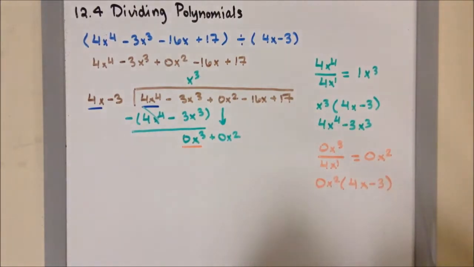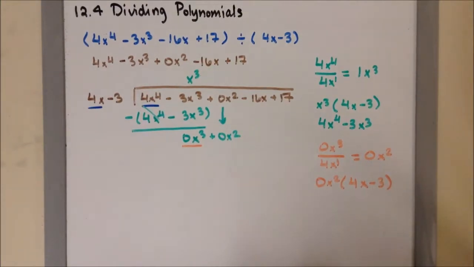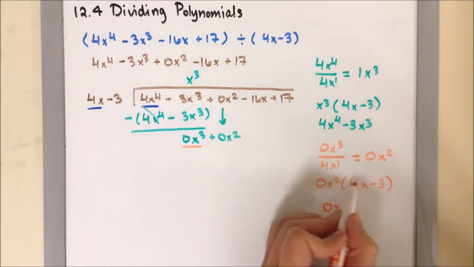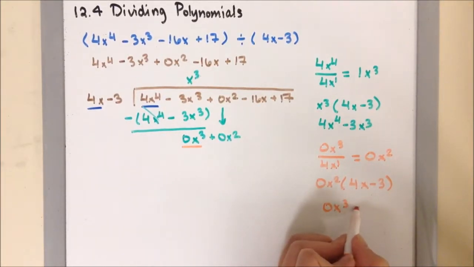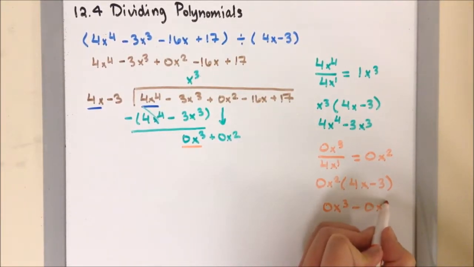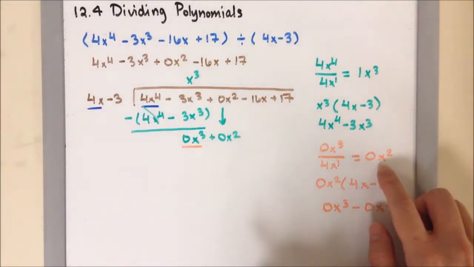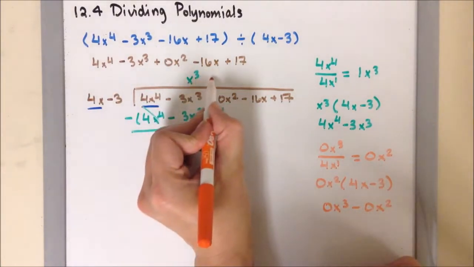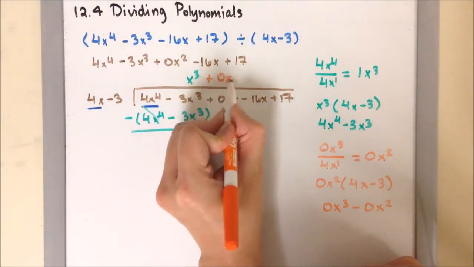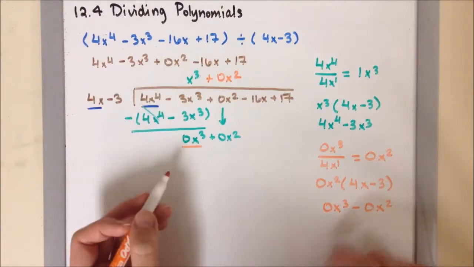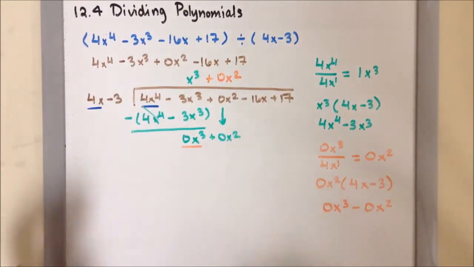When you distribute that, it's going to be 0x to the 3rd minus 0x to the 2nd power when I multiply by the minus 3. So I'm going to put 0x to the 2nd power right here, and notice how I'm lining up with the corresponding exponent. I'm going to bring this over here.